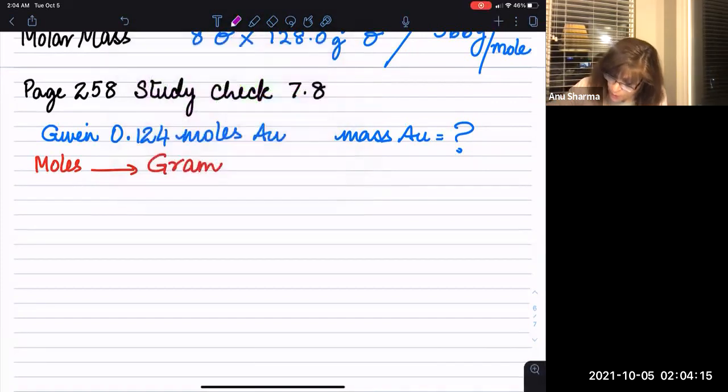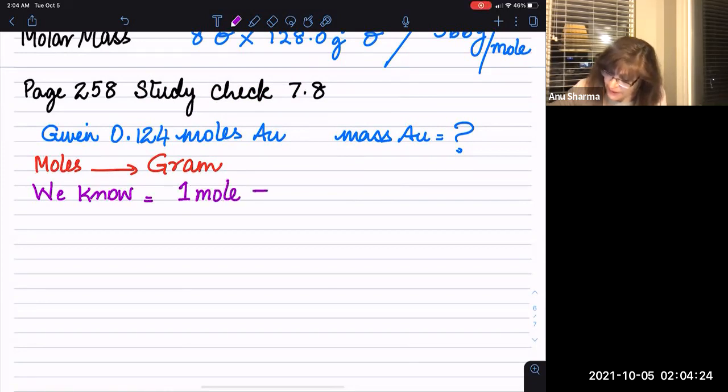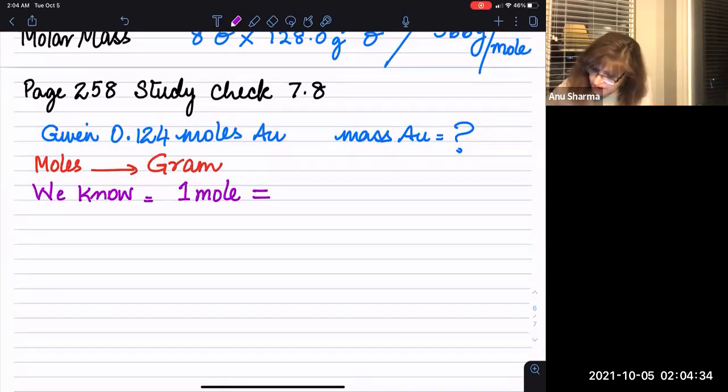We already know of the equality, and that is 1 mole of any substance is equal to, for the gold, the weight is the mass number. So the gold is 197. So the mass number of gold is 197.